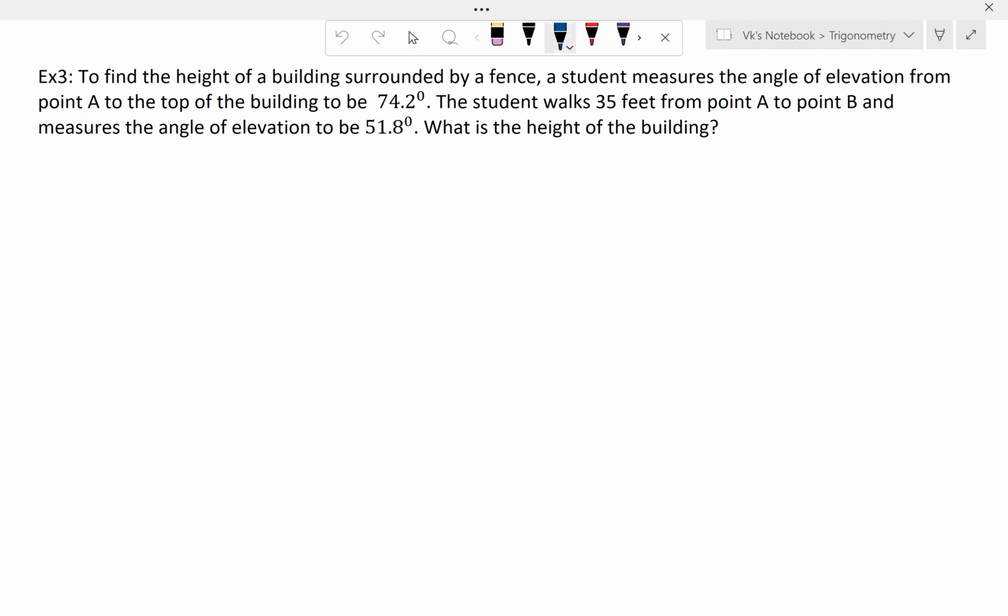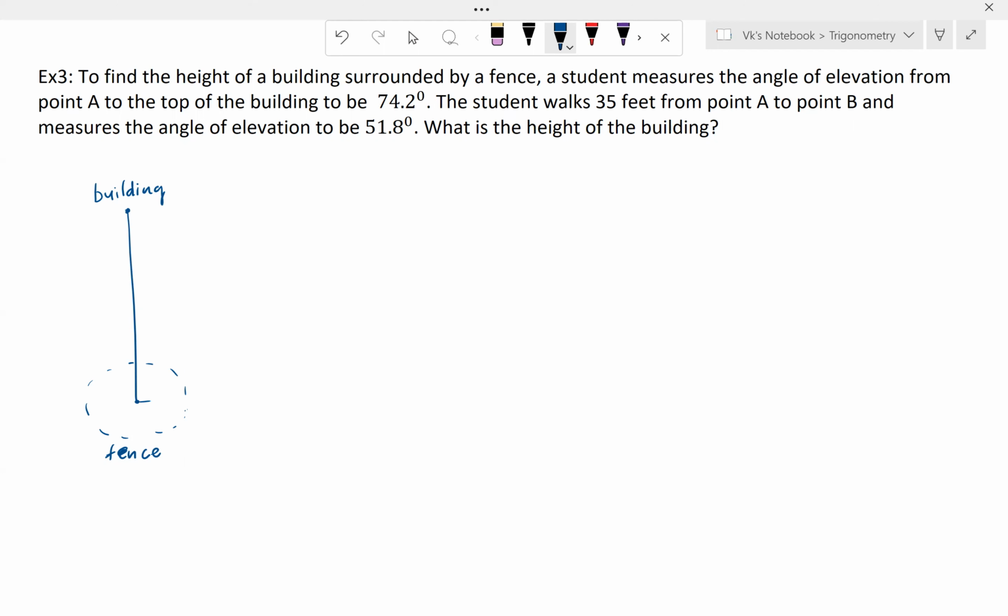Let's do a sketch here. Here comes a building. It's the tall building. Unfortunately, it has fencing around, so we cannot climb over. There must be another way to measure it.